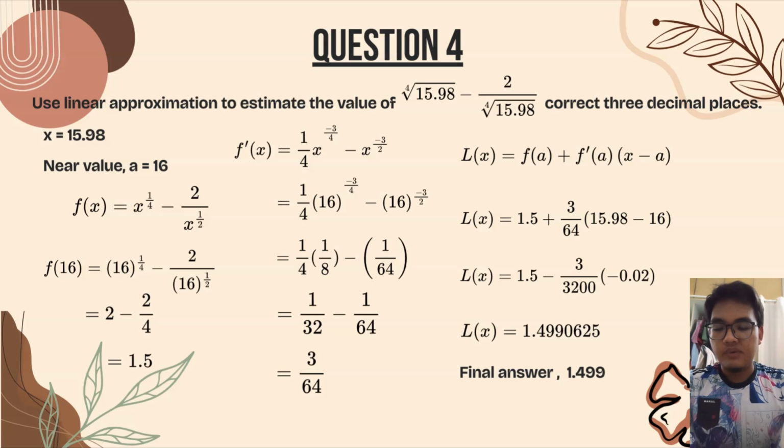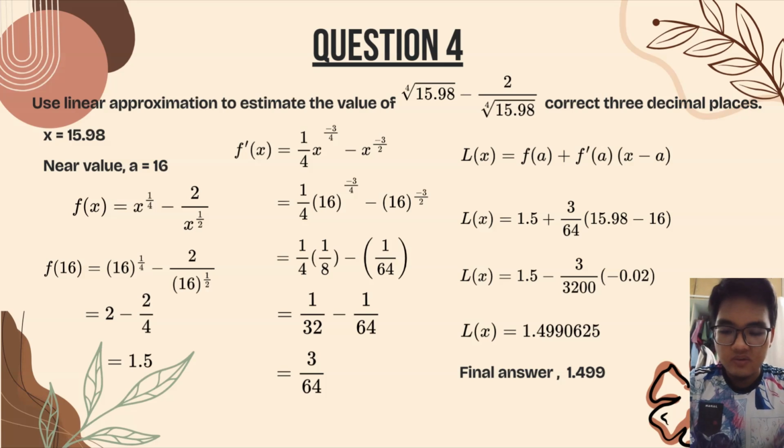So we can differentiate it, so f prime x equal to 1 over 4 go to the front, times x to the power of 1 over 4 minus 1, it will be negative 3 over 4.